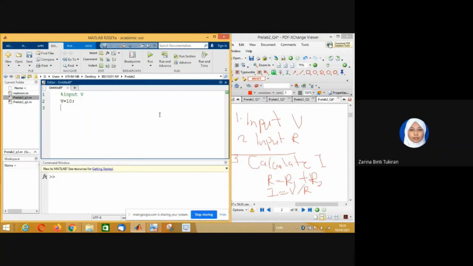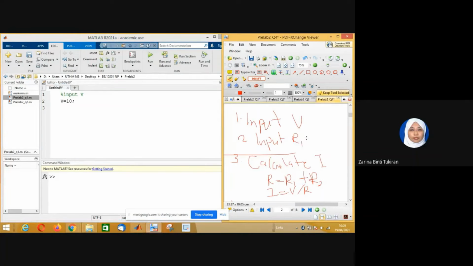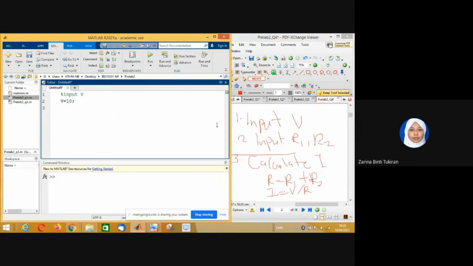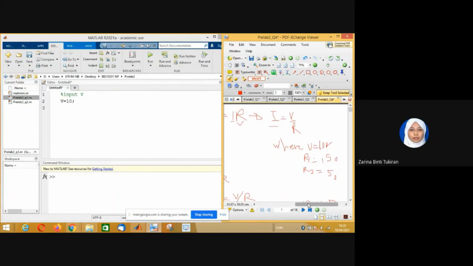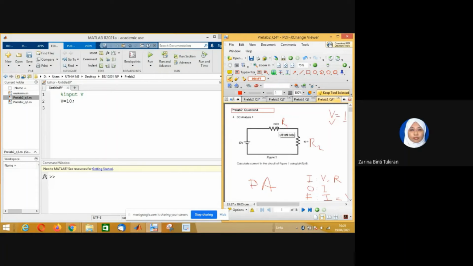Then input the value of R, which is here you need to provide R1 and R2. Okay, so this circuit, which one is R1, which one is R2? Okay, R1 is 150, R2 is 50.